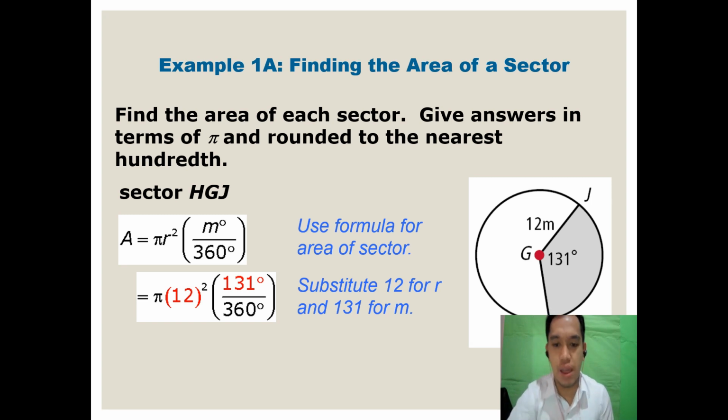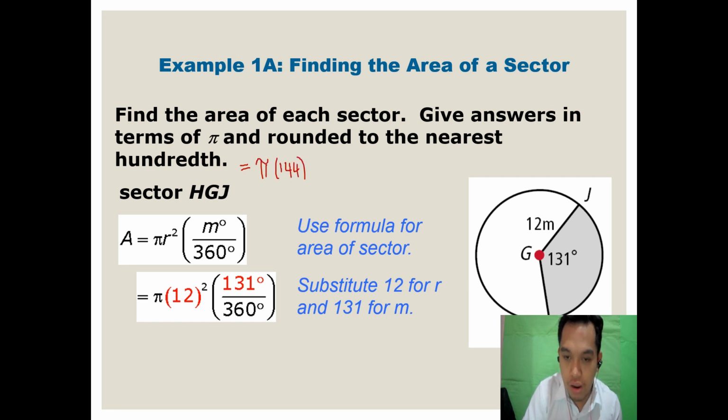Then simplify. To show you how to solve this, 12 squared first, class. What is 12 squared? That is 144, right? So that is pi times 144 times 131 degrees over 360 degrees.